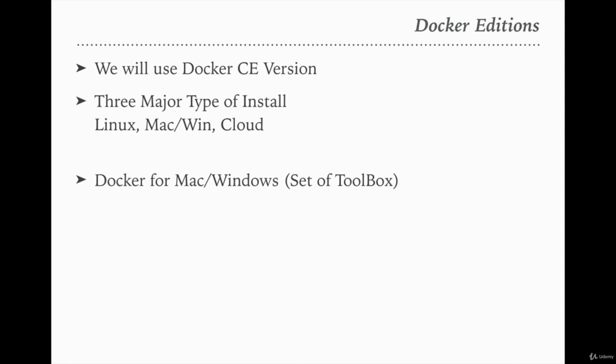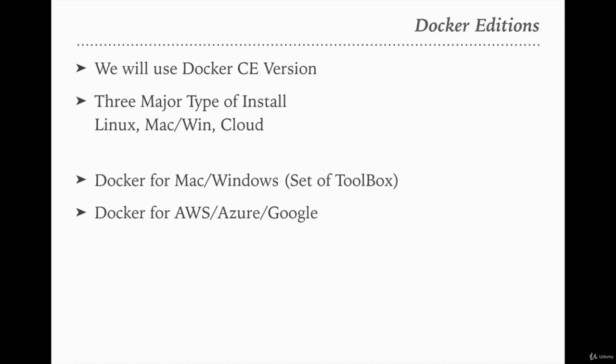The second one is Linux. Docker comes with different flavors for different Linux versions, and Linux natively supports Docker. So you don't need to install the complete toolset of Docker. You can directly download Docker and install it on your Linux machine. The third type of installation is cloud. We have seen Docker is available for different clouds like AWS, Microsoft Cloud, and Google Cloud.